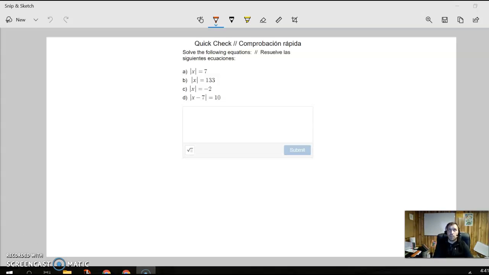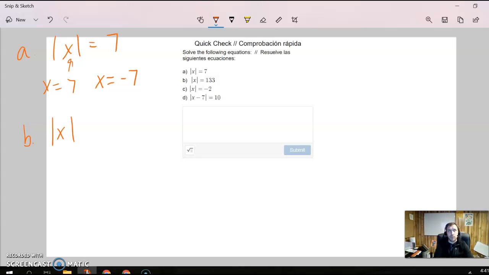Okay. The first one you did was A. What values, if I take the absolute value, would give me 7? I could put a 7 in here, or I could put a -7 in there. So x equals 7 and -7. B is very similar. If you haven't yet, pause and try it.